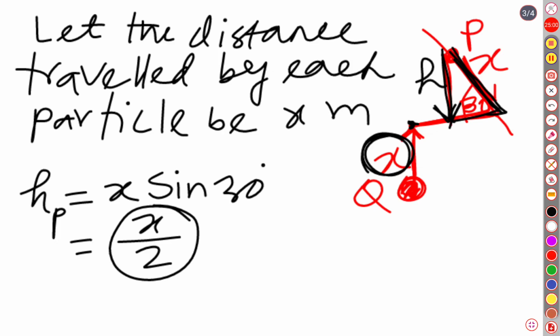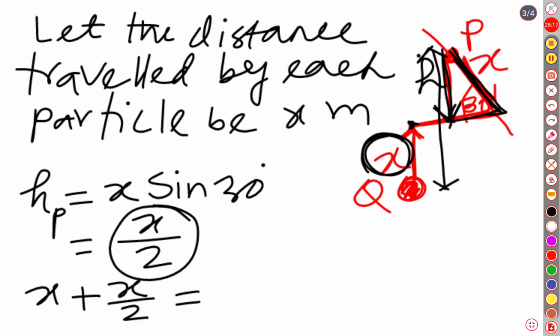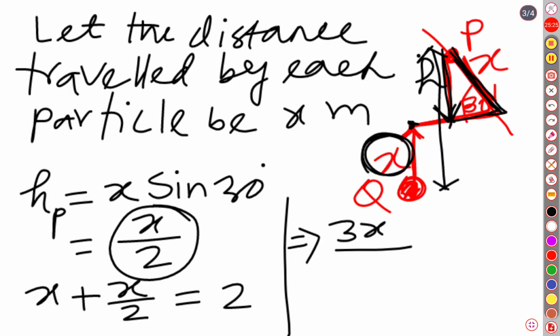So the total displacement or total height was 2 meters. So we can write x for Q and x over 2 for P, total is 2 meters. Now if we simplify this, it is going to be 3x over 2 is equal to 2.